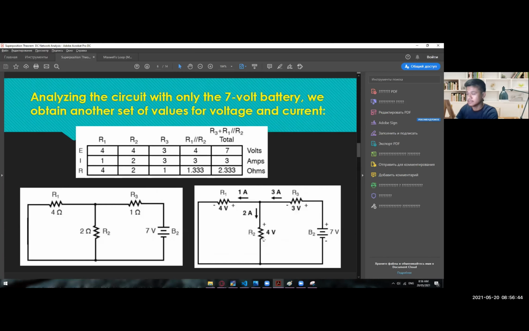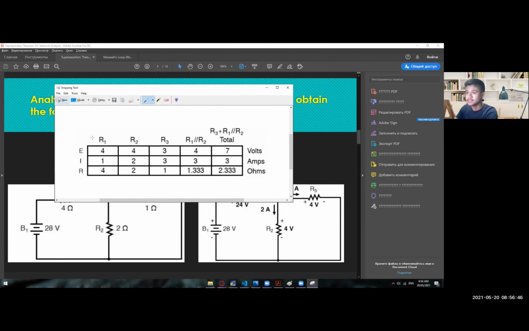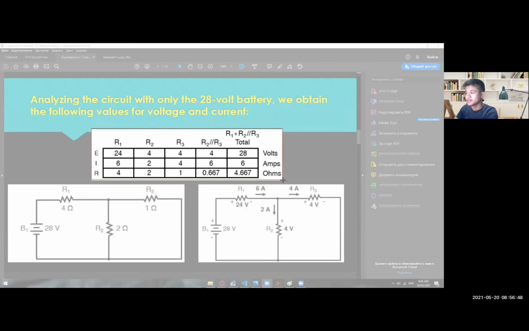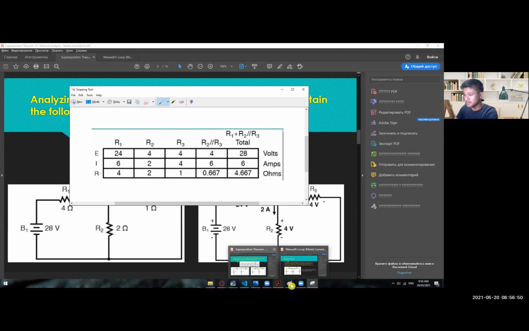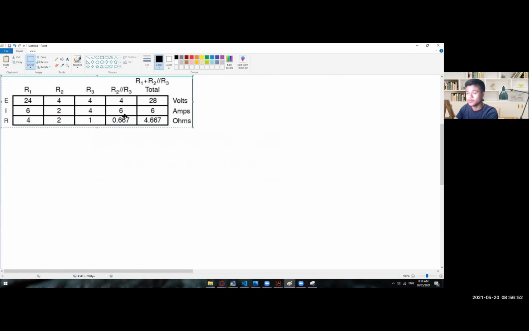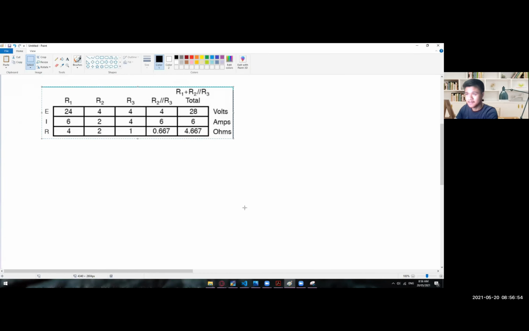In order for us to compare them as clearly as possible, let me get this table right here. That is the reason why they are in tables, to easily compare and add them together.